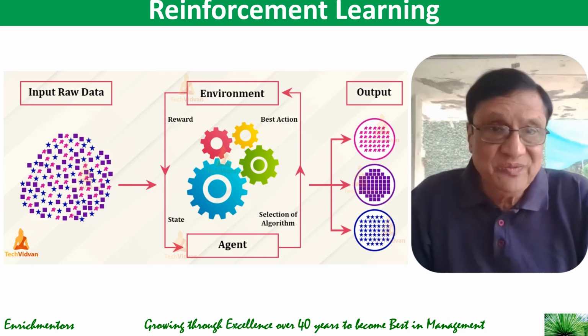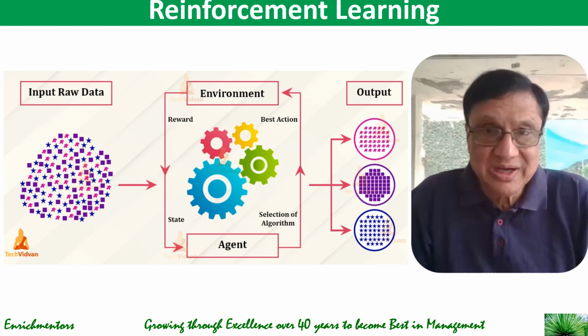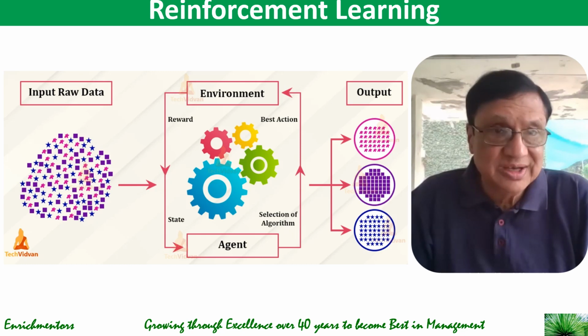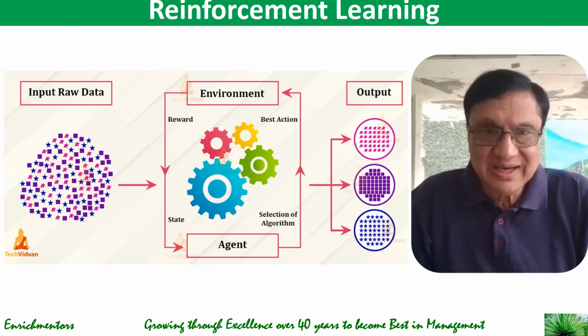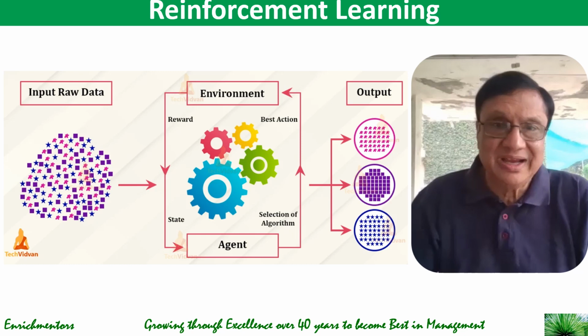The agent receives feedback in the form of rewards or penalties based on its actions, allowing it to learn optimal behavior through trial and error. What are the examples of reinforcement learning tasks? Game playing, learning to play games such as chess or Go by maximizing score or winning probability. Robotics, training robots to perform tasks like navigation, manipulation, or control in simulated or real-life environments.